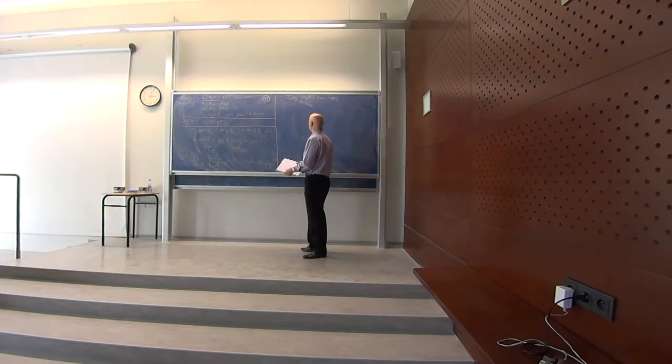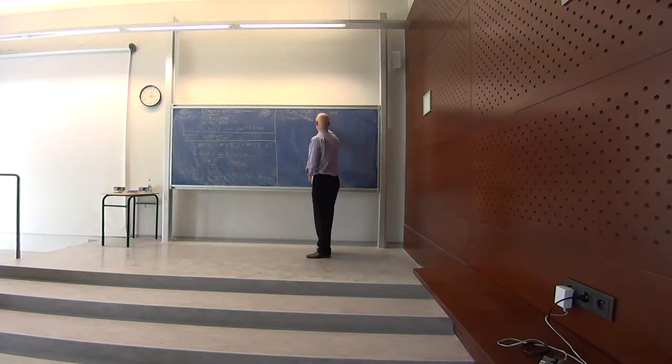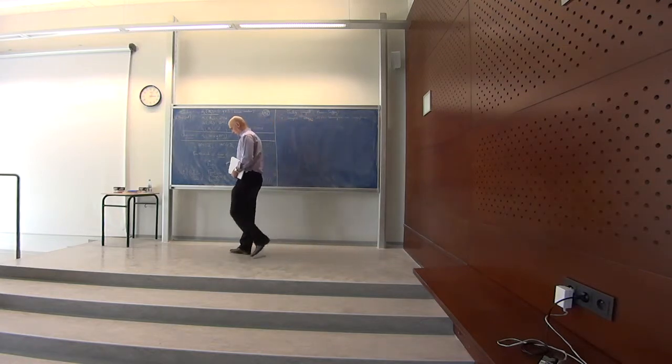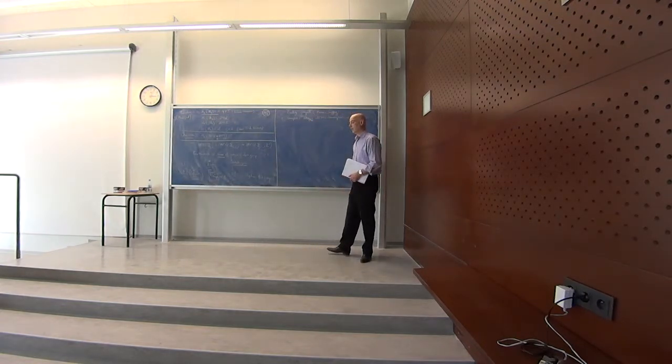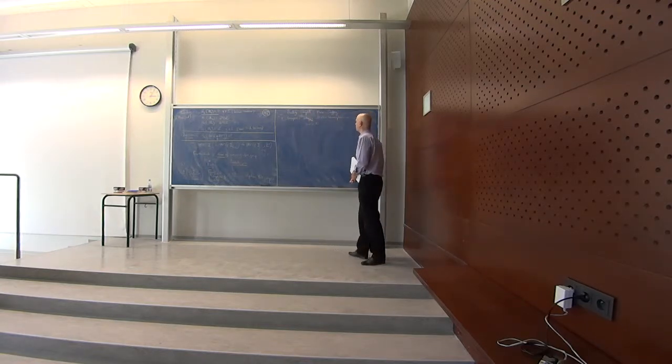Okay, what is a groupoid? A groupoid is a category all of whose homomorphisms are actually isomorphisms. Now, a category is just a collection of objects, and any two objects A and B have some space of homomorphisms between them.